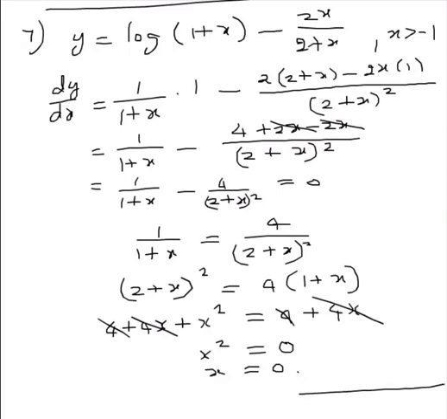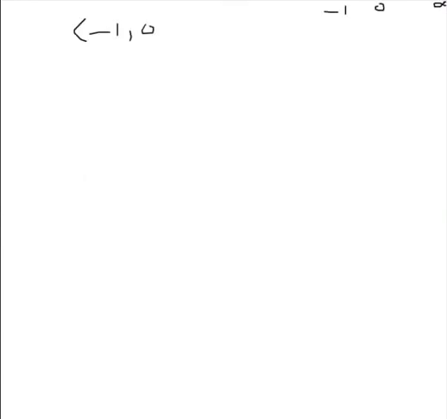So the domain was x greater than minus 1, so minus 1 to infinity it was, and we have 0 here. So we have two intervals. The domain has to be split into intervals: minus 1 to 0 and 0 to infinity.